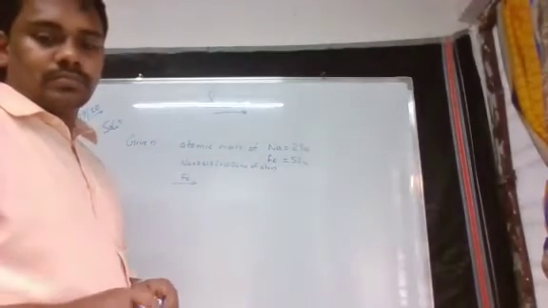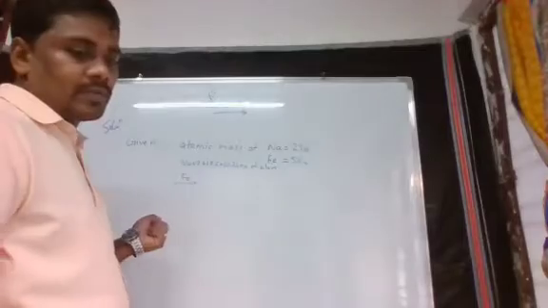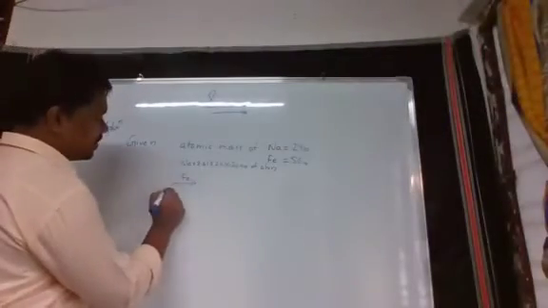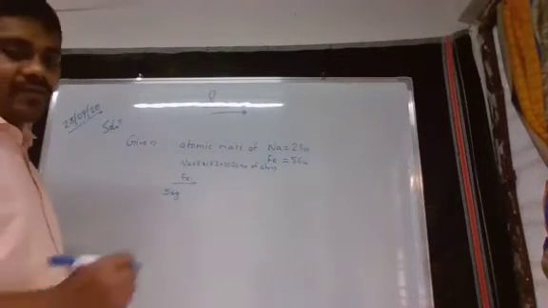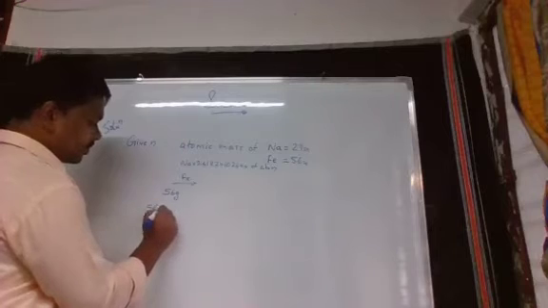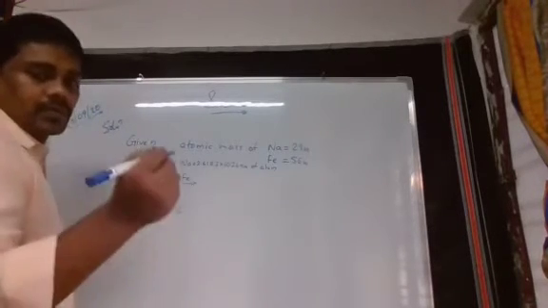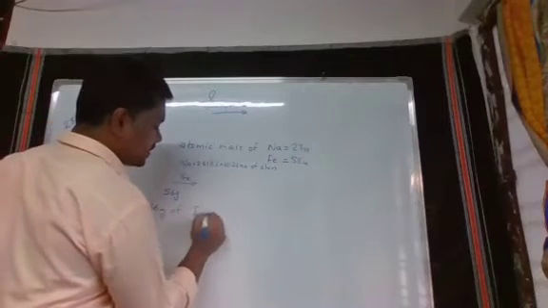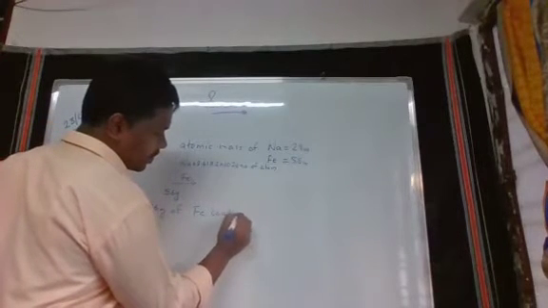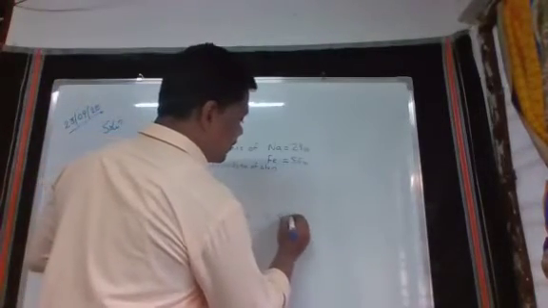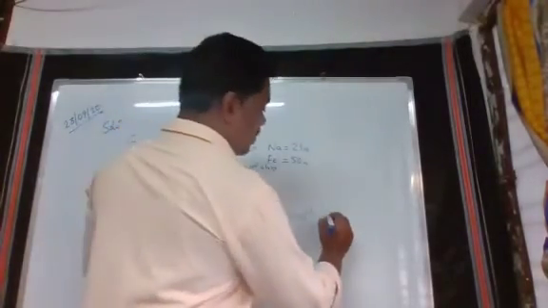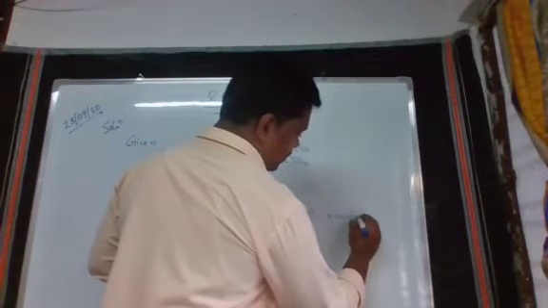We know that the gram atomic mass of iron is 56 g. Then 56 grams of iron contains 6.022 into 10 raised to 23 atoms.